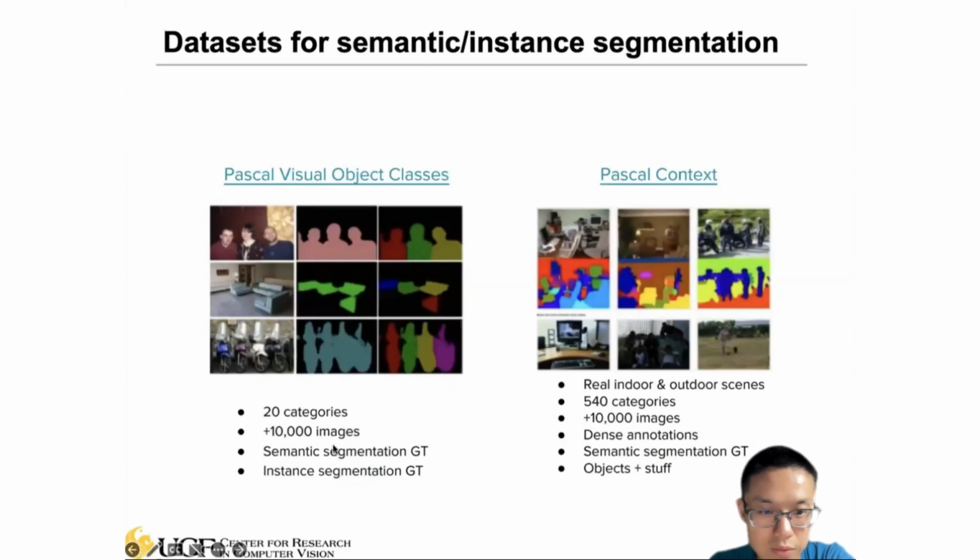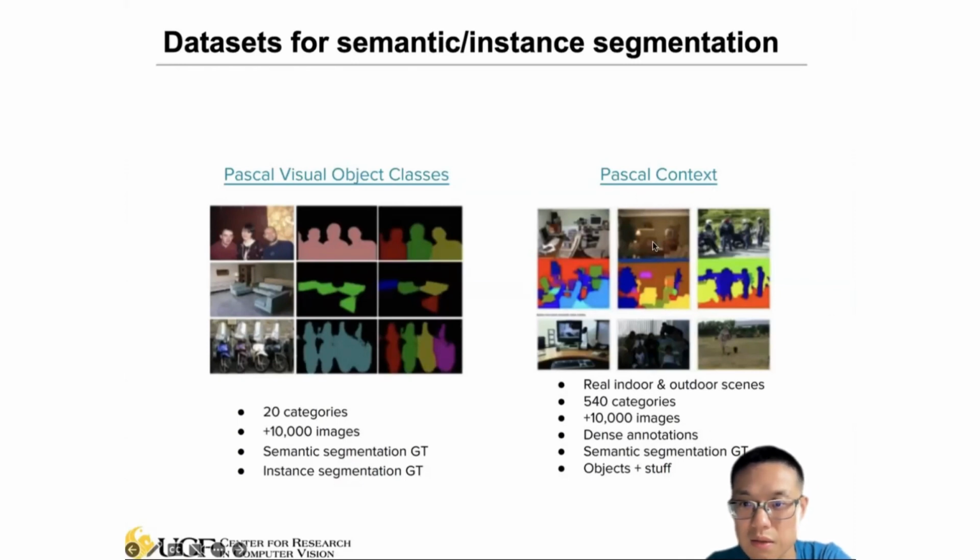It has 20 categories and about 10,000 images. It has ground truth for semantic segmentation, like this, where they mix all the instances into the same person class, and they also have the instance segmentation ground truth, differentiating each of the instances.